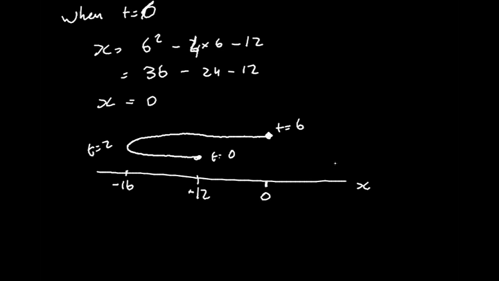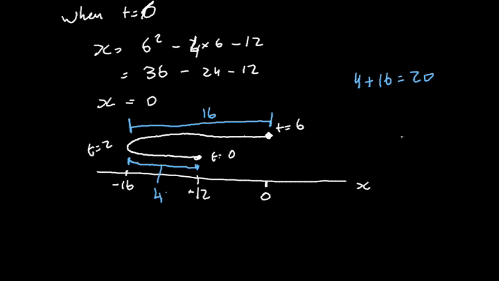So that's describing the path that it's taken. The total distance that we've travelled is the distance between minus 12 and minus 16, which is 4, and then the total distance back there, which is 16. So 4 plus 16 gives us 20. So the particle has travelled 20 meters.